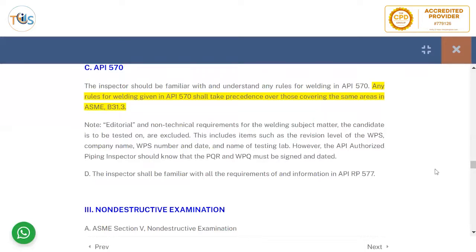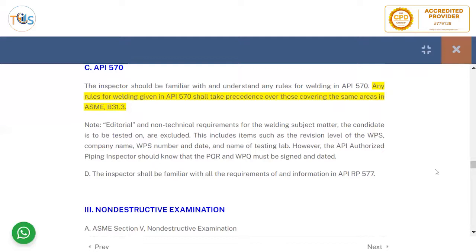570. So as you can see here, any rules for welding given in API 570 shall take precedence over those covering the same areas in ASME B31.3. Because it's an API 570, and because the pipe is in service, API 570 rules apply.